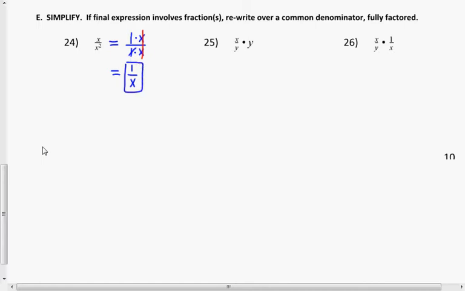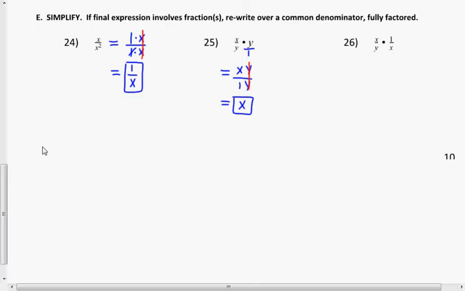In number 25, to multiply these, I'll put that y over 1, and I have xy over y, and my y's that are common factors in both the numerator and denominator will cancel out. So the answer is x over 1, which is, of course, just x.